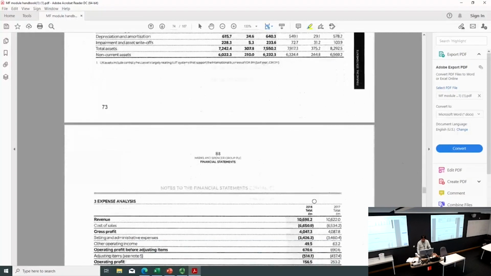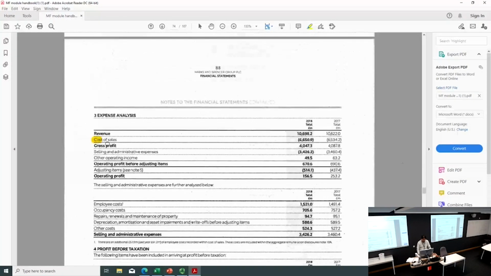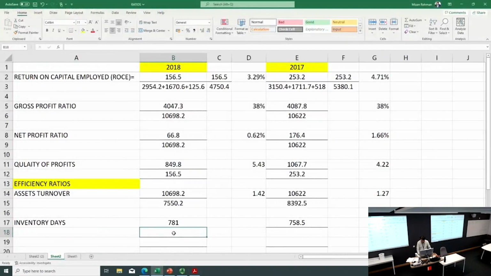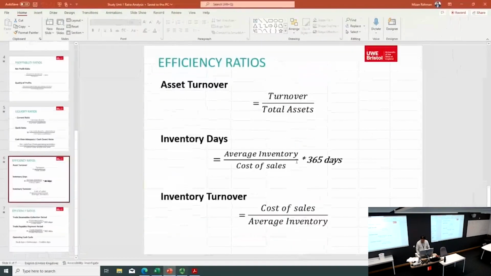Note 2 and note 3, and you can see that cost of sales figure is there. So we'll use this figure. So we need to use days as well, 365 days.